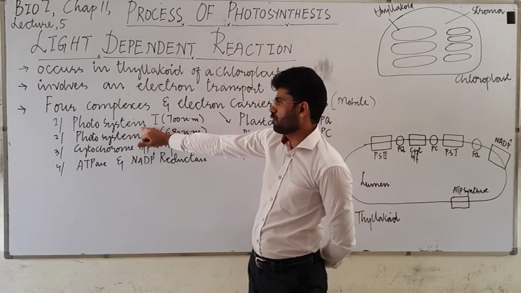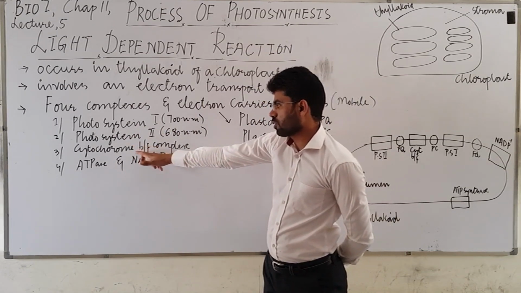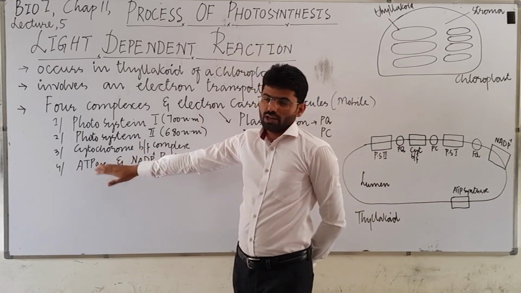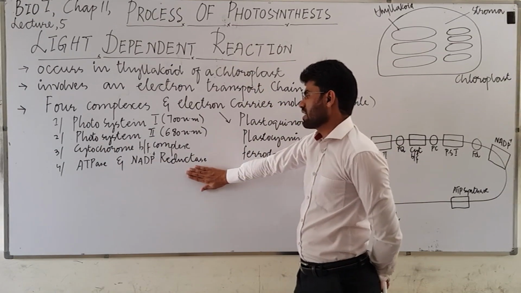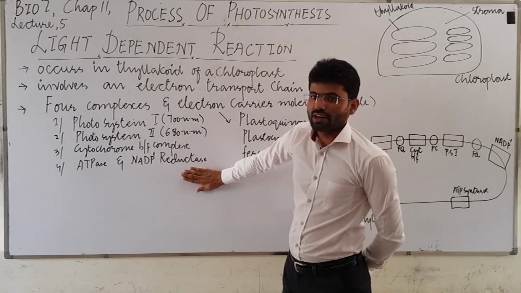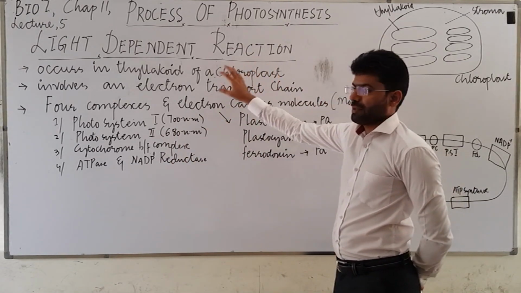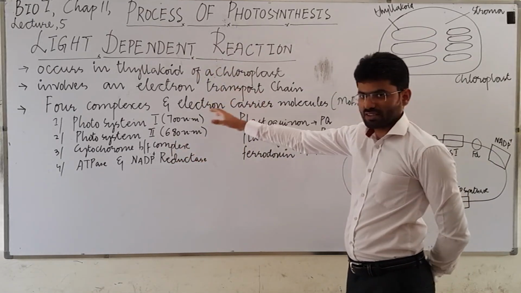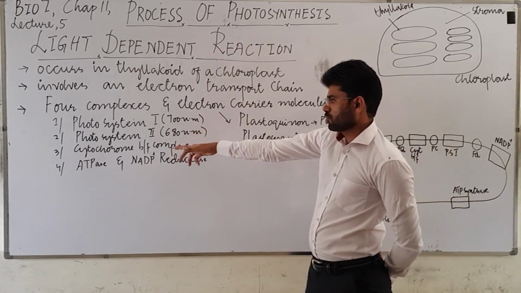They are named photosystem 1, photosystem 2, cytochrome b6f complex, and the fourth one is the enzymatic complex, ATP synthase complex or NADP reductase. I repeat, for the light dependent reaction there must be 4 complexes.